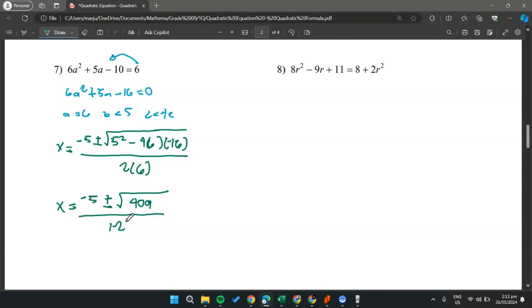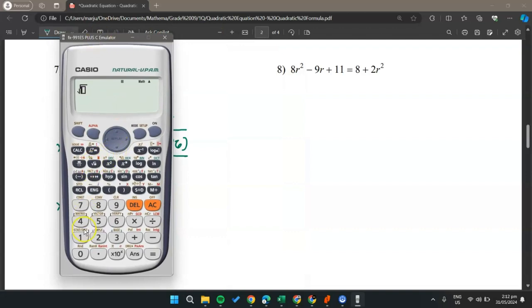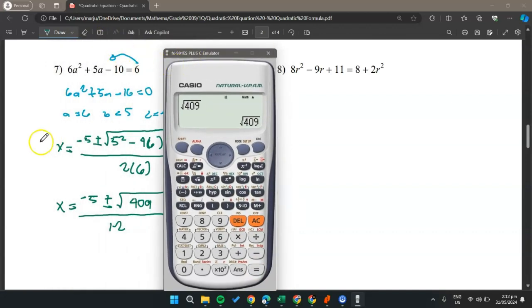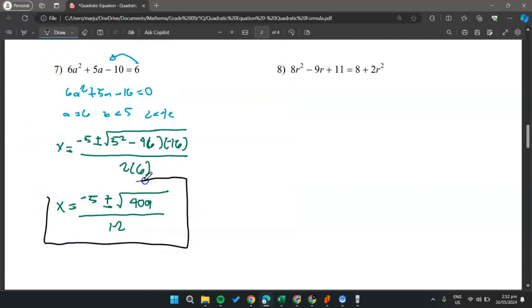Now 409 is not a perfect square number. If we extract the square root of 409, that gives us a decimal, so it is best to leave it as is. That will be our final answer: x is equal to negative 5 plus minus the root of 409 divided by 12.